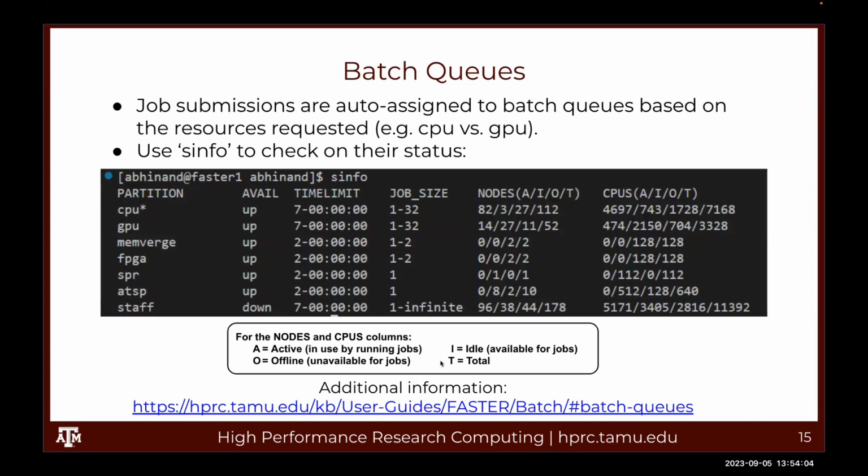As you can see right here, it'll show you all the different layouts. These numbers are active, these are idle, waiting to be used. This number is offline, and then these are the total number of each CPU, GPU, and the rest available to be used.